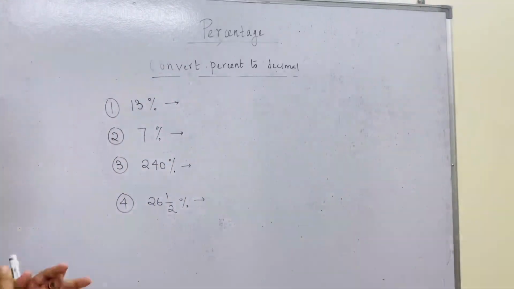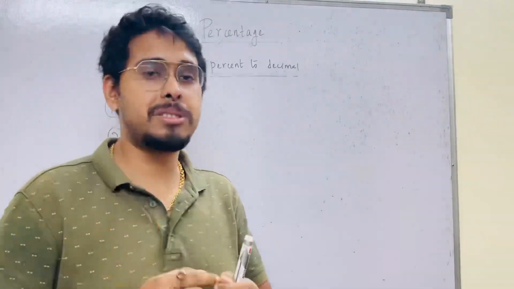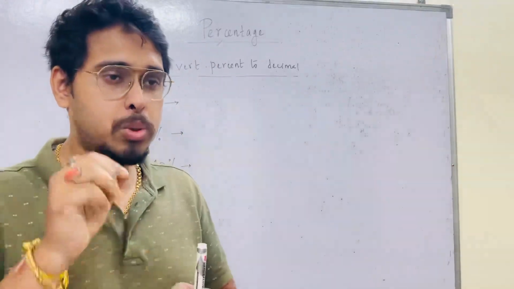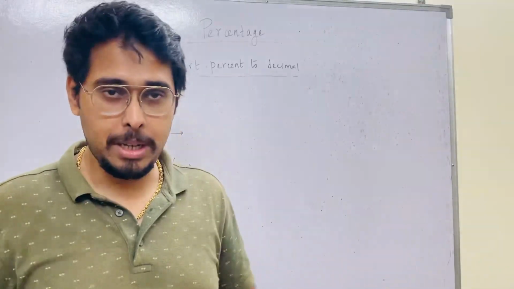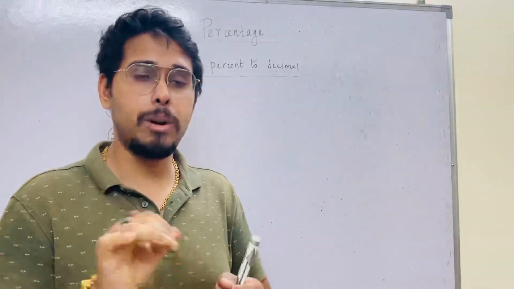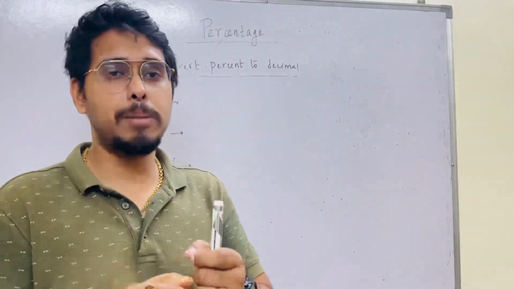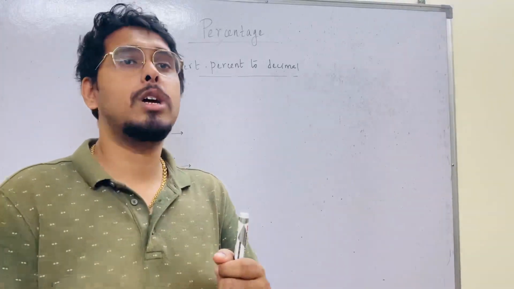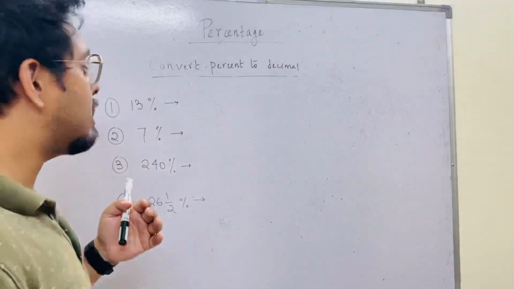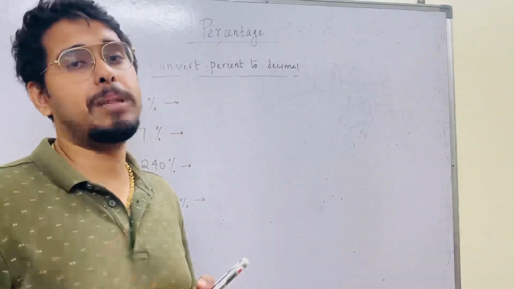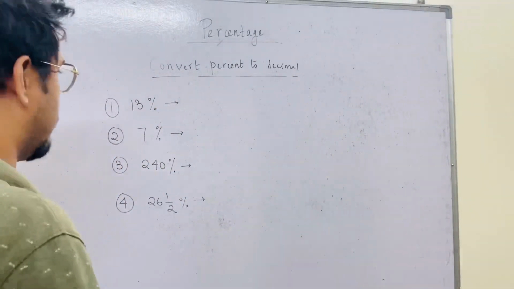Now when it comes to decimal, I have to check the position of the decimal point in the percentage, and then simply move the decimal point two places to the left, and that will be the decimal form. Now let us understand this in application.